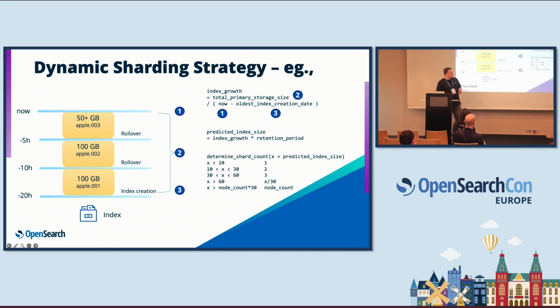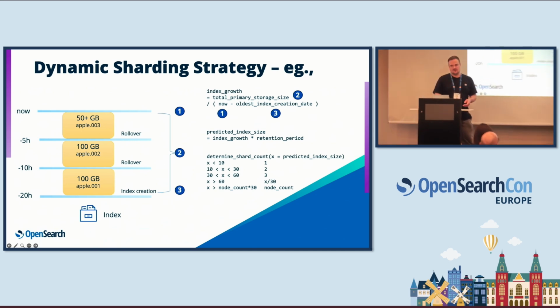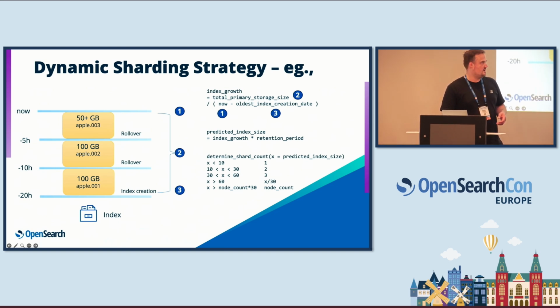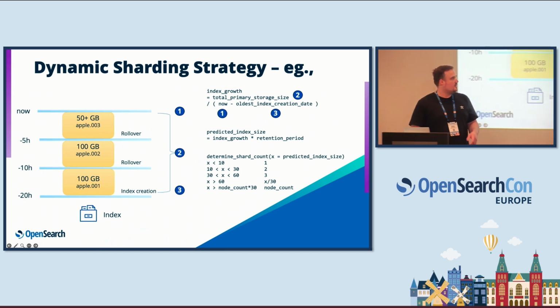Now the final step is obviously to determine the shard count for that potential growth. And what we did here is basically a few if-else statements, and you can do this differently, but we created a few brackets. If we predict that this is a super small index, no velocity, maybe it's development, it's testing, whatever, it doesn't really matter: if it's below 10 gigabytes, just use one shard, it's fine.